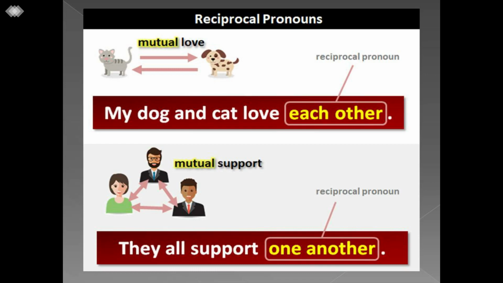Through this example, we can see that it is used to indicate that two or more people are carrying out some sort of action between each other, and they are also receiving the benefits or consequences simultaneously at that particular time only. These sort of words are known as reciprocal pronouns.